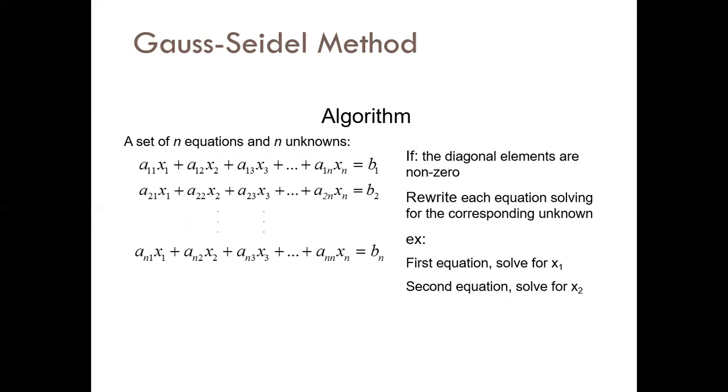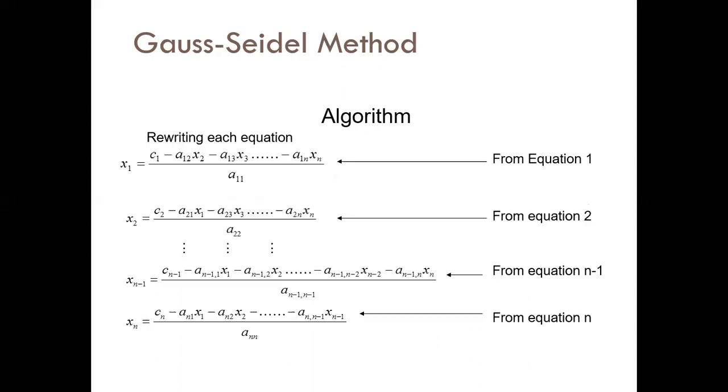If the diagonal elements are non-zero, rewrite each equation for solving the corresponding unknown. The first equation is solved for x1, the second equation for x2, and so on.